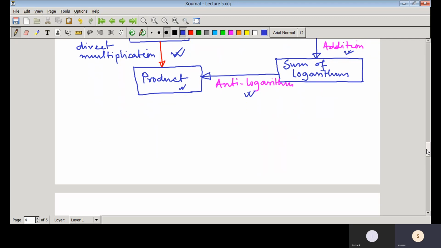So here, suppose we have an integral differential equation. Let us see what happens in case of Laplace transform.